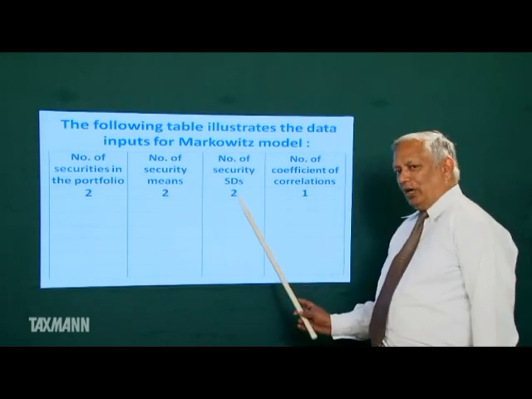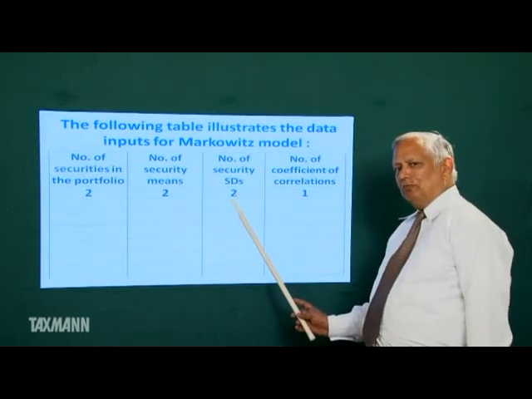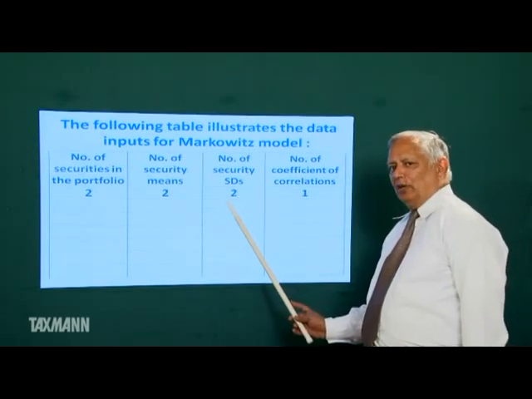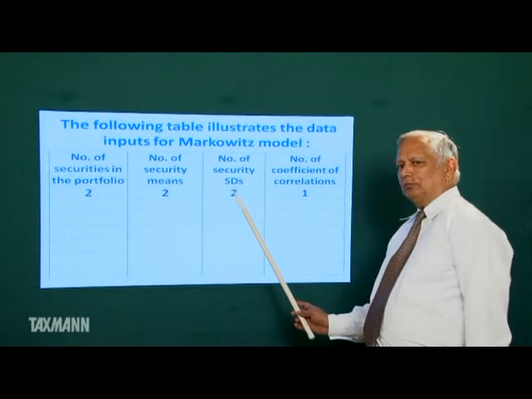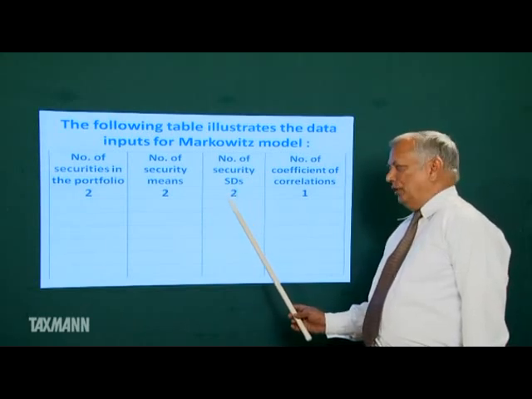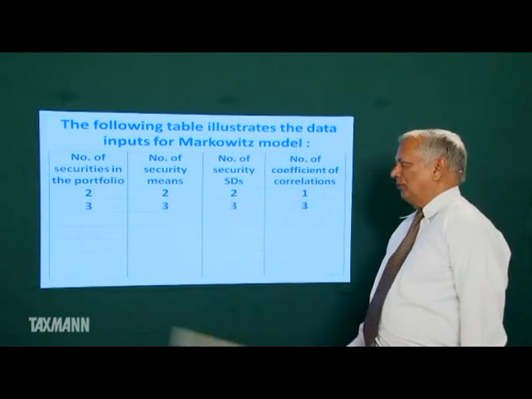We require standard deviation of A, standard deviation of B, so there are two security standard deviations. We require coefficient of correlation between A and B.